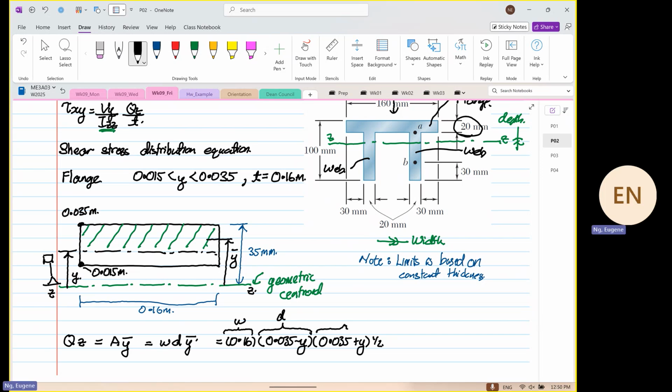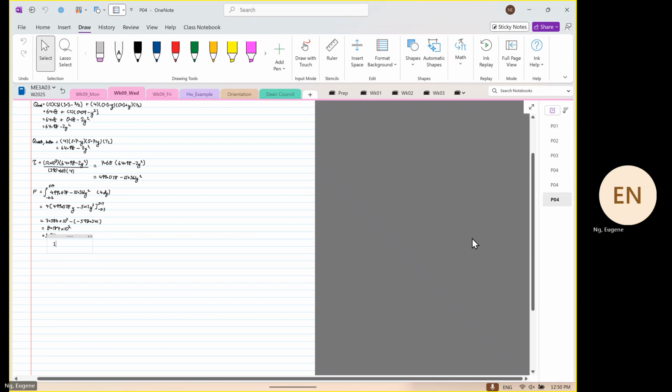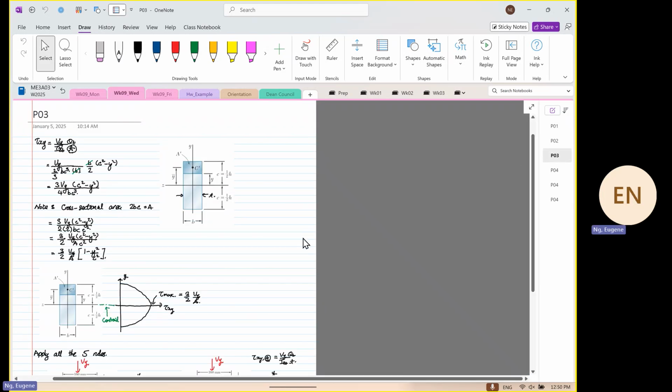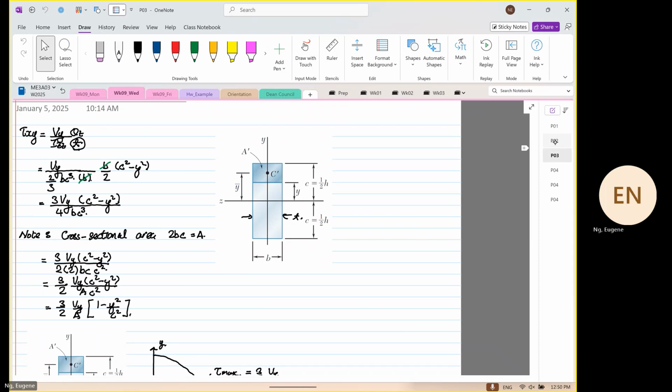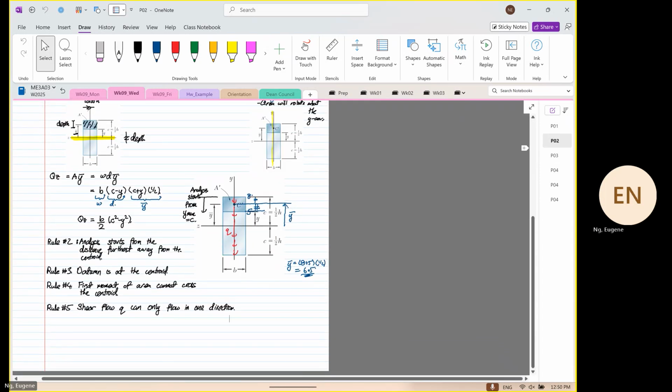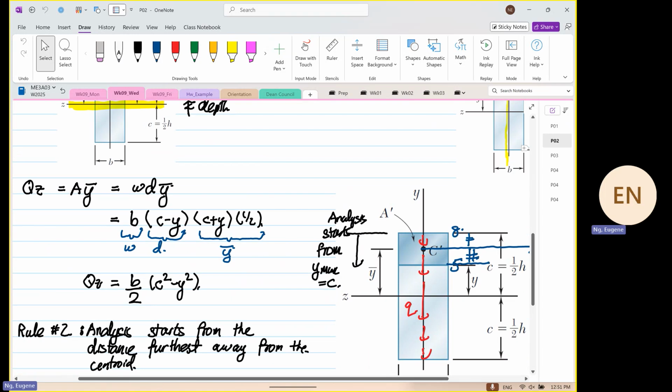This over here defines our Y bar. Seen this before? Yeah. Wednesday lecture. If we go to Wednesday lecture, can you all remember this? What do we have? C minus y, C plus y multiplied by half.